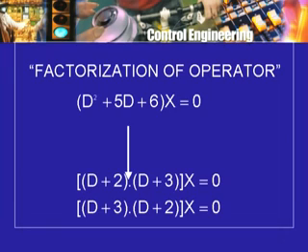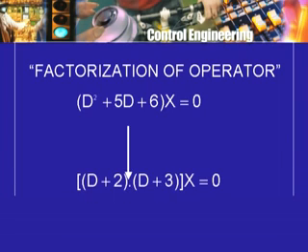So what is a factorization of this? Of course I have chosen the numbers which are so nice that with a little bit of effort you can find out the factorization without even finding the roots. For example, D plus 2 into D plus 3 is a factorization of this polynomial. As you can check, I get D squared plus 2D plus 3D, so that's 5D, plus 2 times 3, that's 6.